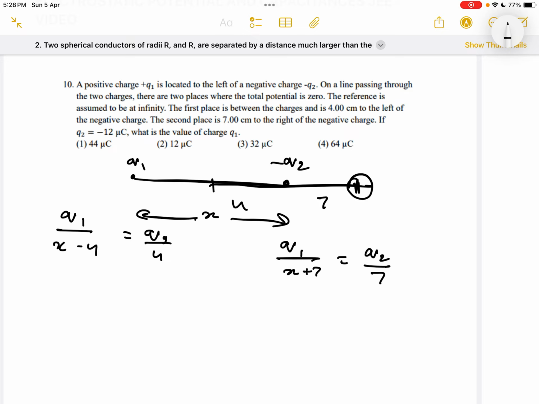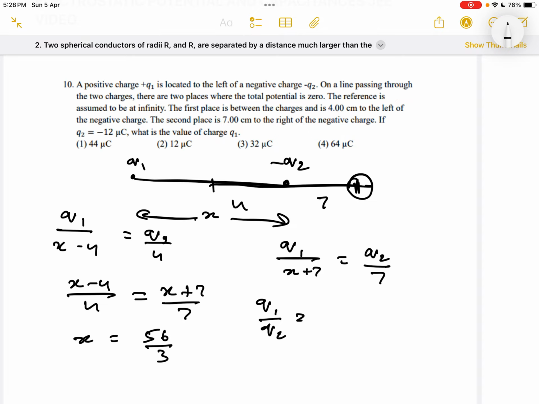Then because we have Q1 by Q2 on both places, you can equate them. You will have x minus 4 divided by 4 equal to x plus 7 divided by 7. Then x would become equal to 56 by 3 after cross multiplication and simplification. Now we know that Q1 divided by Q2 is x plus 7 divided by 7.